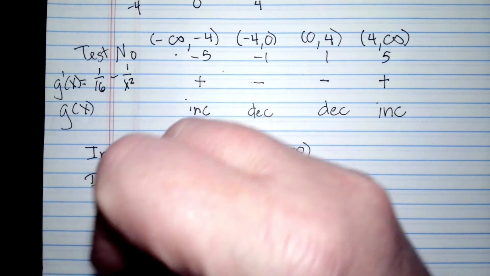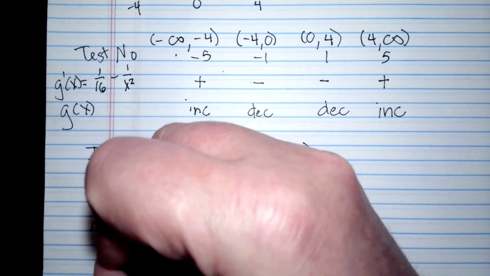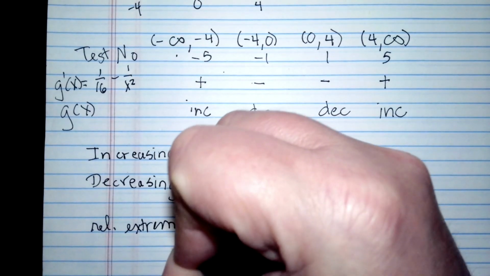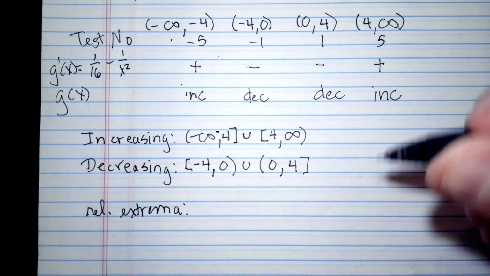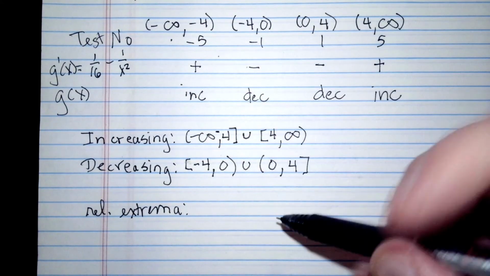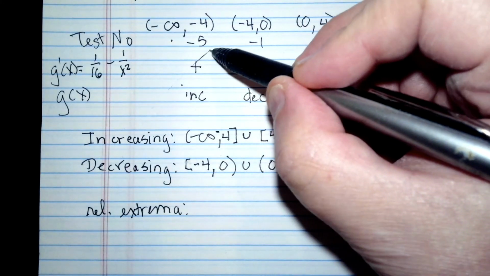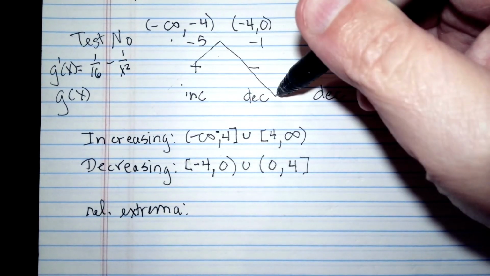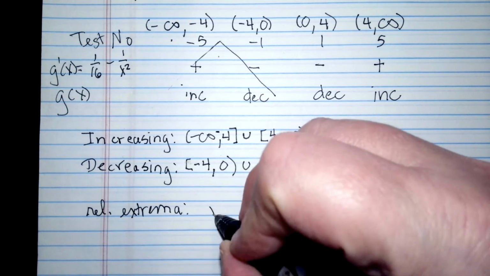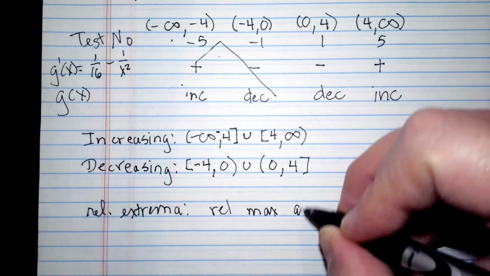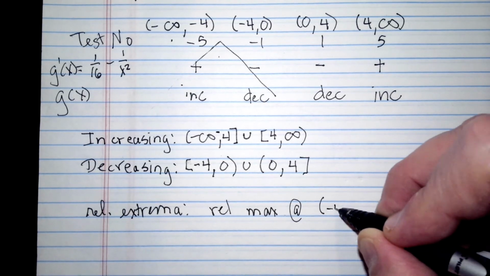Alright, so what about relative extrema? Well, the function is increasing until it reaches -4, and then it decreases. So it's got a relative maximum at the point where x equals -4.